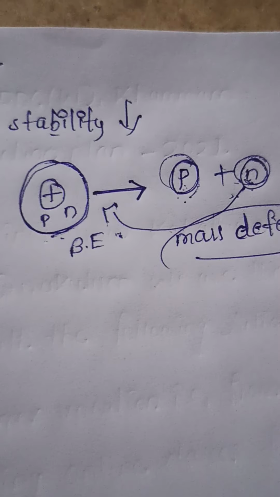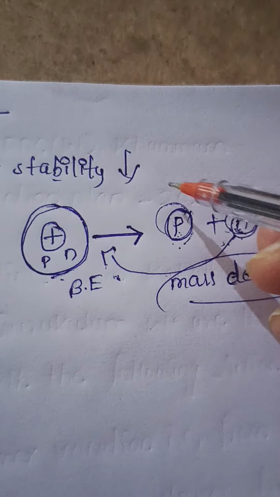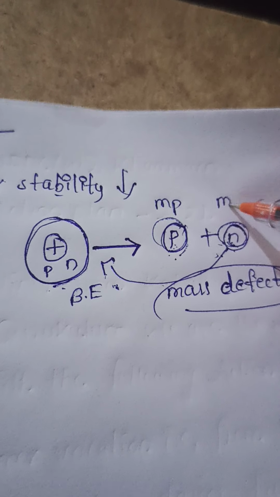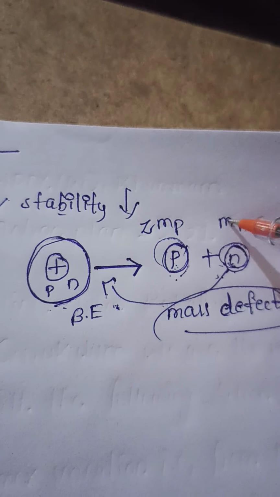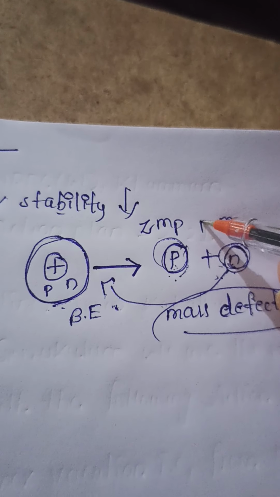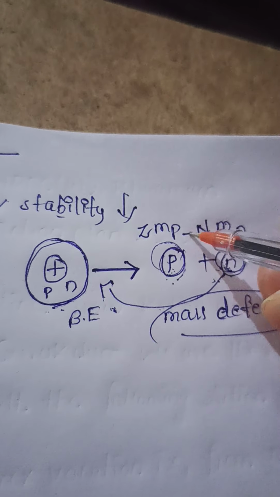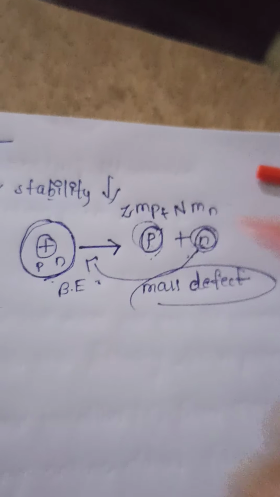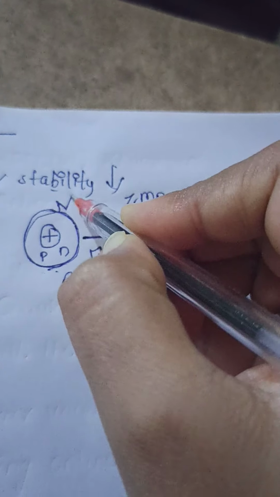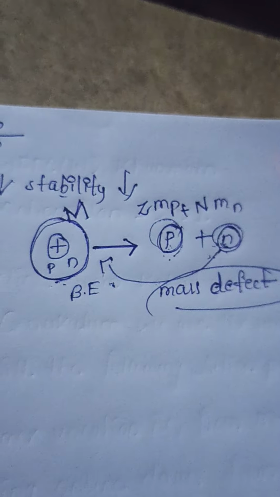The mass of the proton multiplied by the number of protons, plus the mass of the neutron multiplied by the number of neutrons, should not be equal to the mass of the nucleus, for example, capital M.